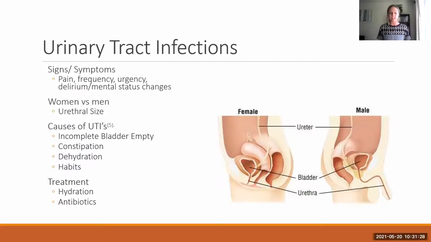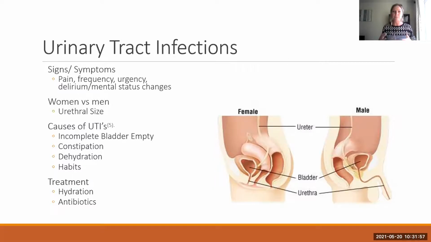The thought in medicine is that if somebody's bowels are very full of stool, it can expand, and the simple proximity to the bladder can then result in cross-contamination of those two systems.